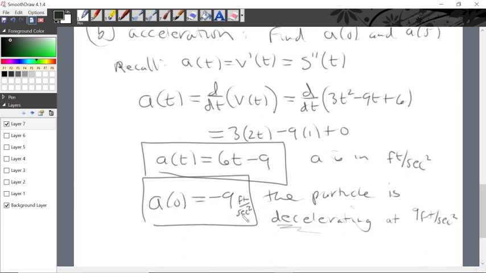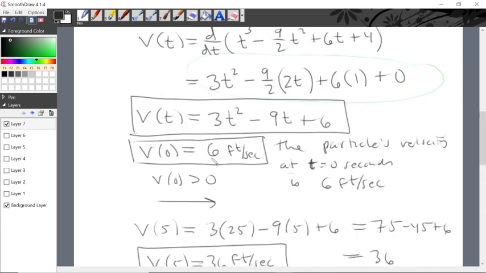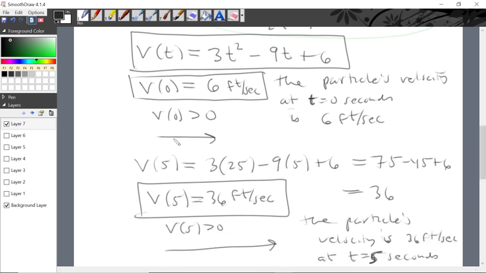It was not accelerating. It was decelerating at that time. So this object was actually slowing down at this instant. It was moving at 6 feet per second, but getting slower. That means it must have, at some point, changed from slowing down to speeding back up again in order to eventually get to 36 feet per second.